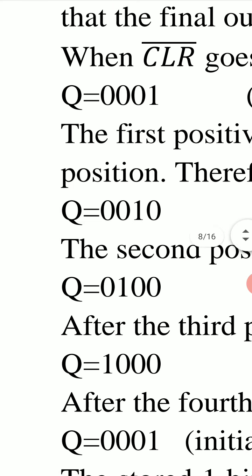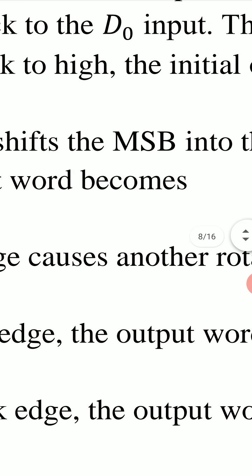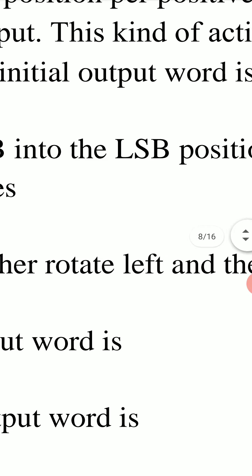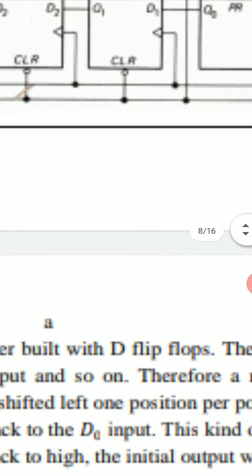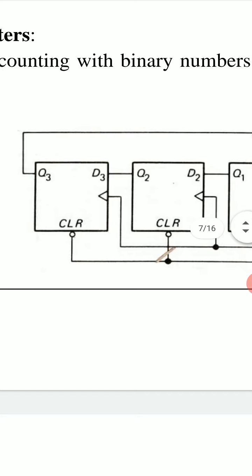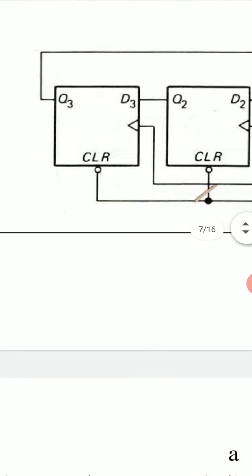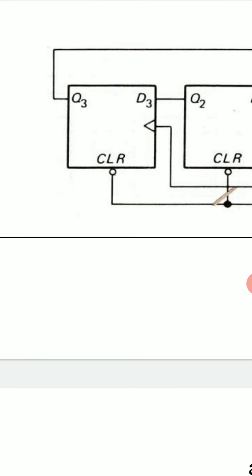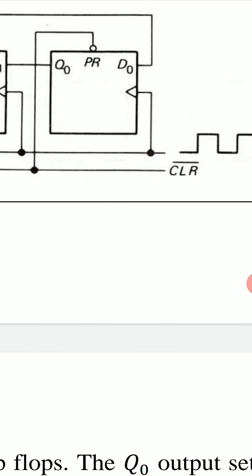When the first positive clock edge arrives, it shifts the MSB into the LSB position, because this is the MSB flip-flop. The output of it is Q3 and it is connected to D0, the input of the LSB flip-flop.